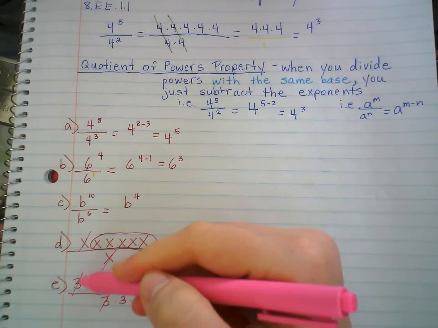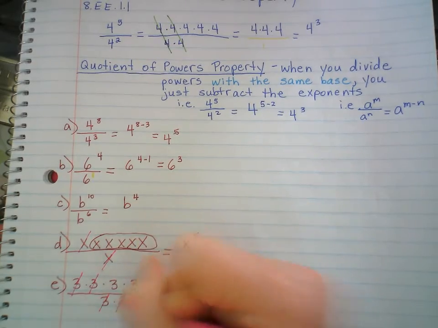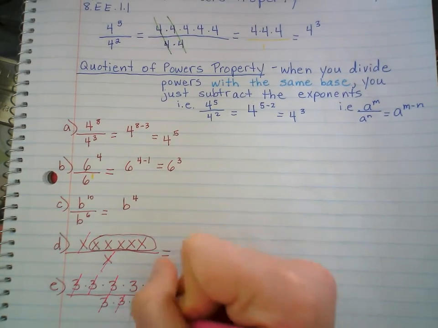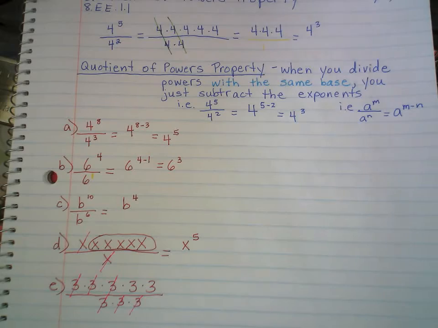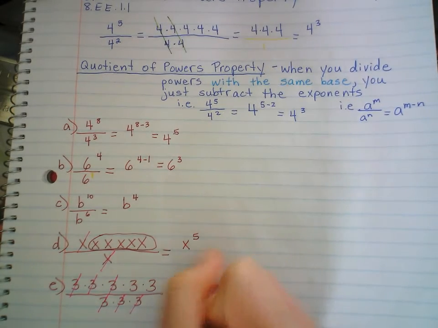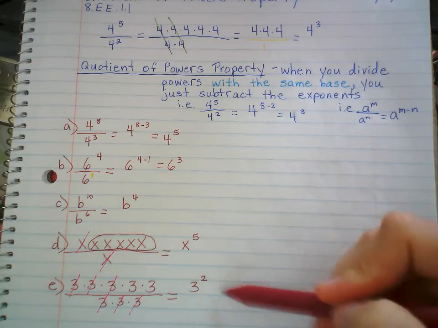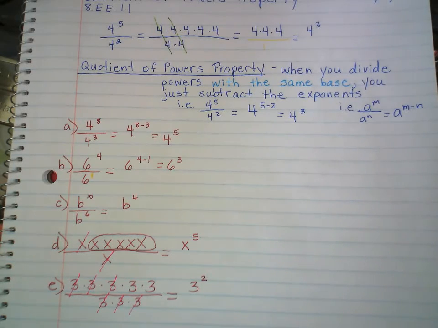We have 3 divided by 3 is just 1, so we don't need it there. 3 divided by 3 is 1. 3 divided by 3 is 1. Okay, so we have 2 3's left in the numerator. We have 3 being multiplied by itself twice, so 3 squared, which we know is 3 times 3 or 9, but we're trying to practice writing them with exponents.